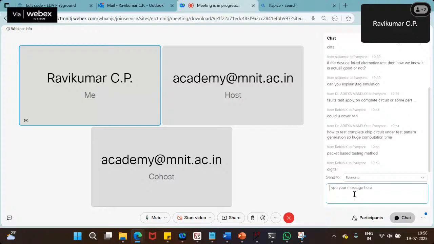I have never seen anything like SSH. If you have come across it in some paper, was it related to digital communication? Go back and check whether they are talking about packets in the context of communication.